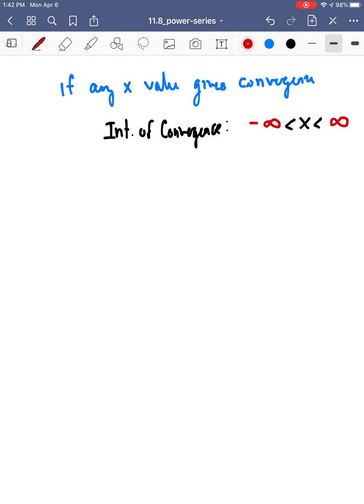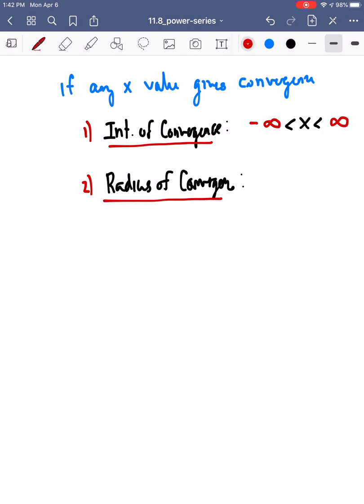Again, any x value works. And what the radius of convergence would be is r equals infinity.